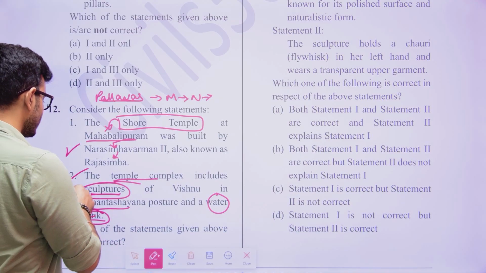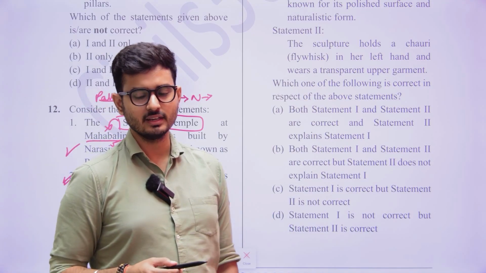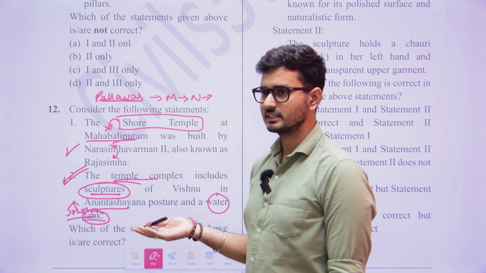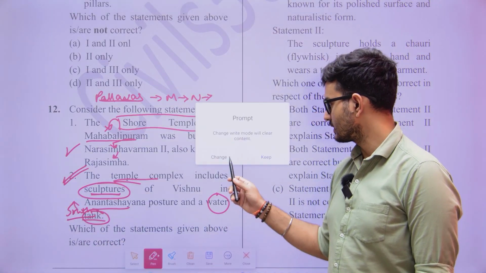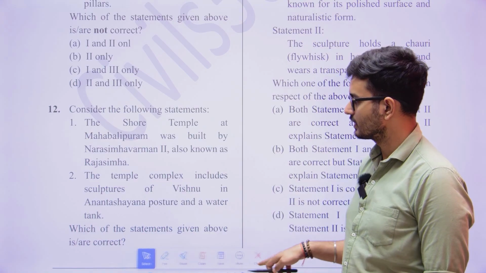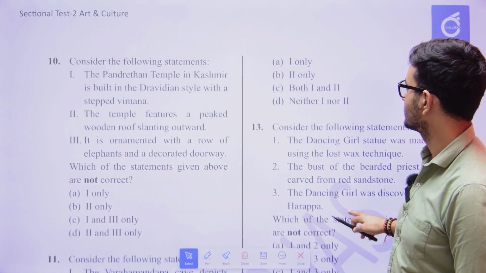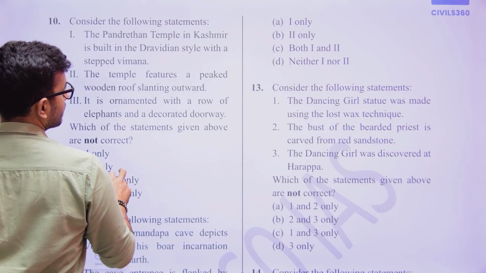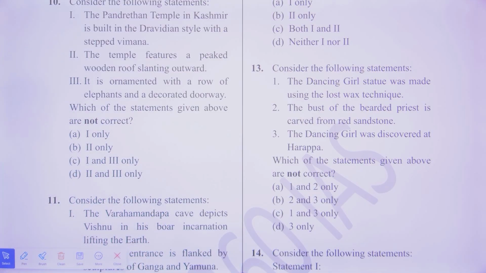The South Indian temples were very well known for their decorative element, so we can say that these people had that aspect. All right, so the answer here is going to be both 1 and 2. That is going to be the answer when we talk about this particular aspect.